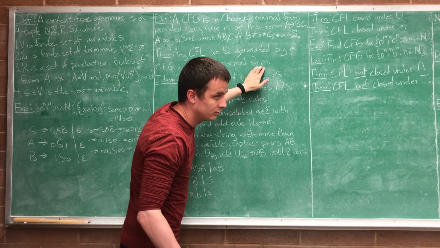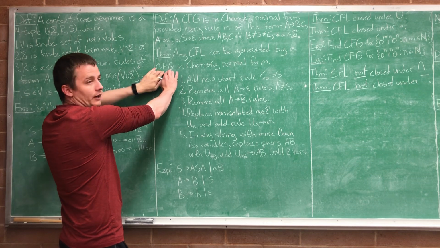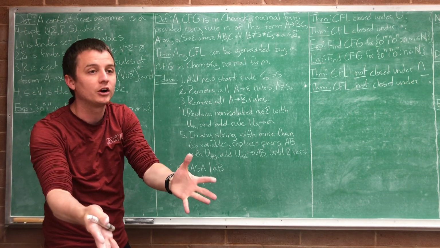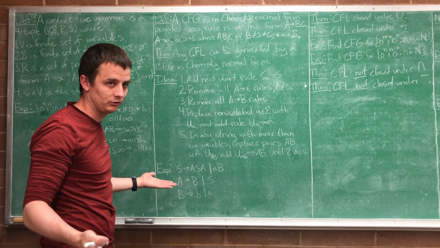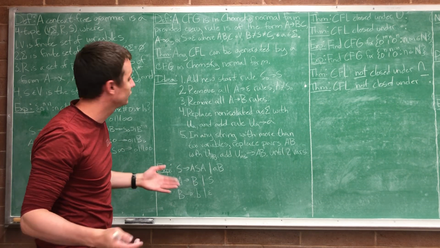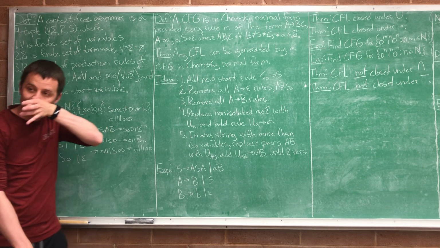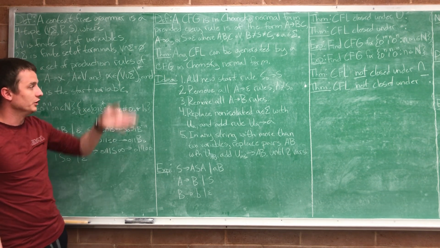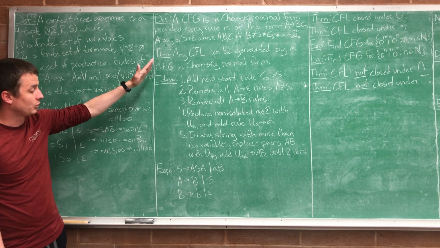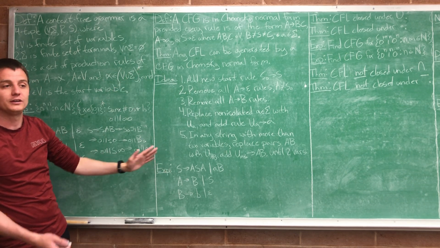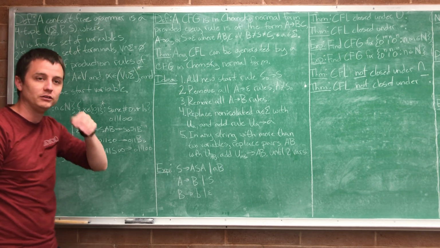Or in other words, anytime you have a context-free grammar, I can give you an equivalent context-free grammar that's in Chomsky normal form. They generate the same language. That's what we're going to prove. Now, we're not really going to prove this because the proof is just a really wordy version of what we're going to walk through. So I'm just going to walk you through an example with the idea of what the proof would explain you do.